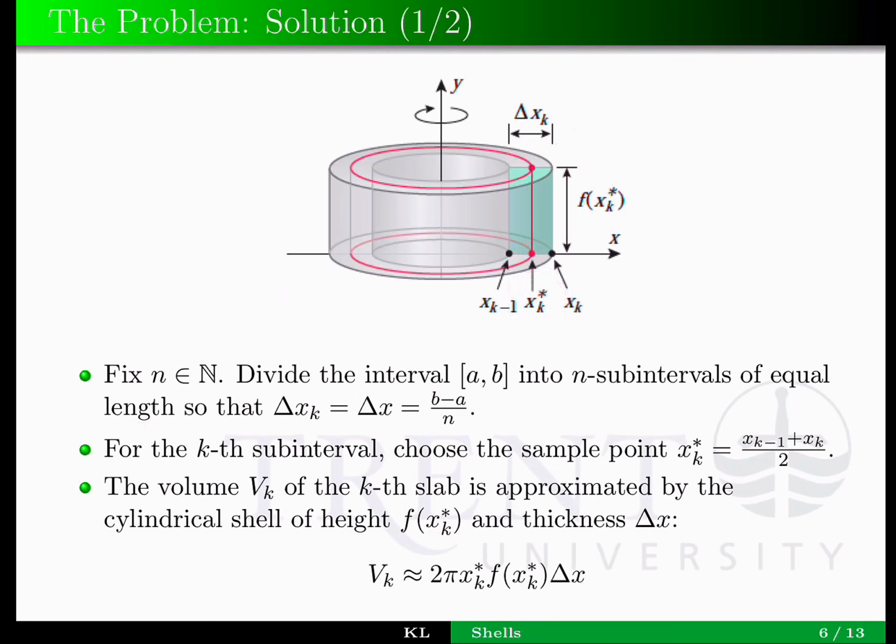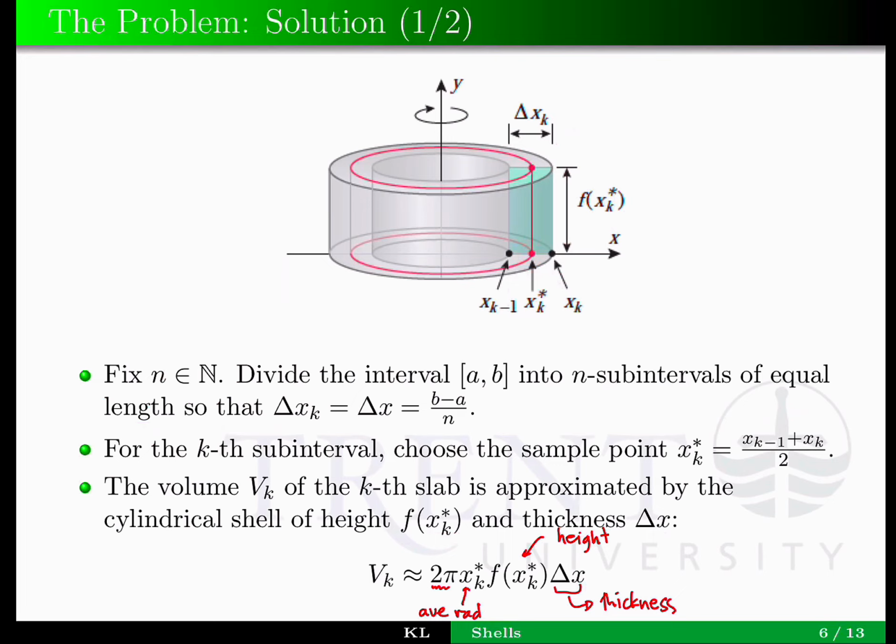So in here, we got the 2 pi. This one here is the average radius. This one here is the height. And this one here, that's your thickness. That will be the volume of that particular shell.